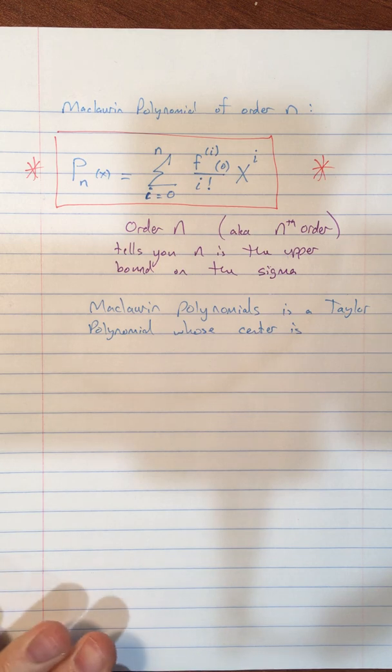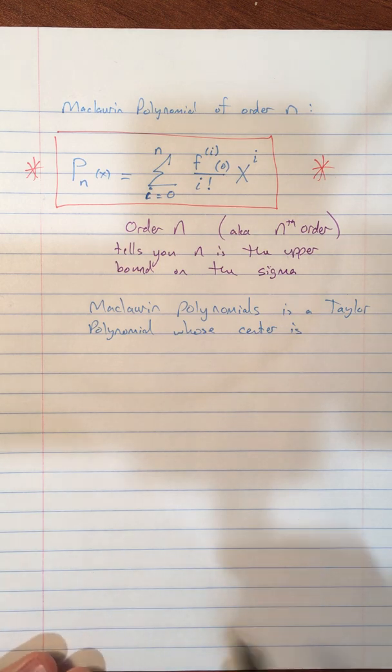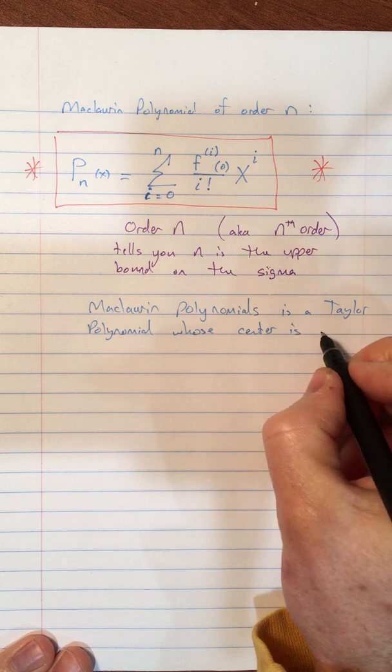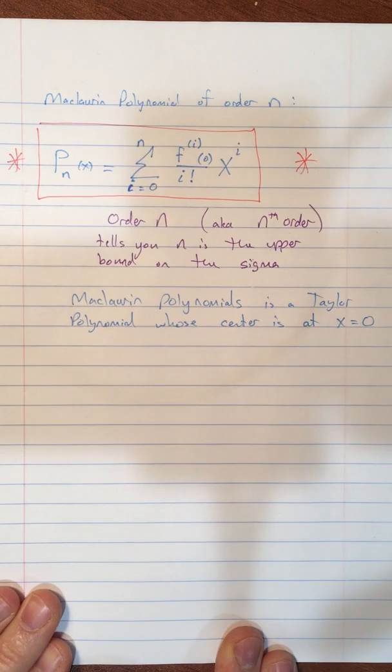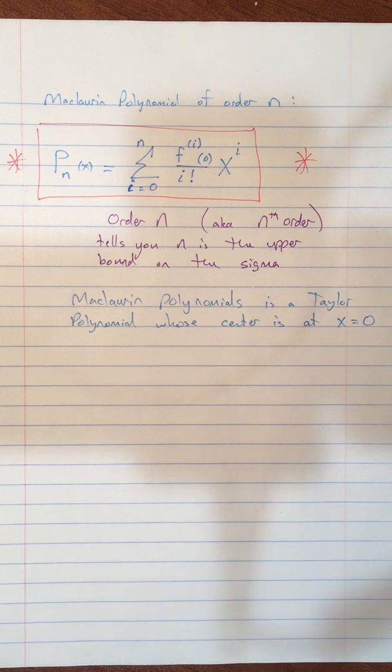The center was at 0. So a Maclaurin polynomial is a Taylor polynomial whose center is at x equals 0. A Taylor polynomial can have a center any place, but with a Maclaurin polynomial, the center is only at 0. It can't be anywhere else.